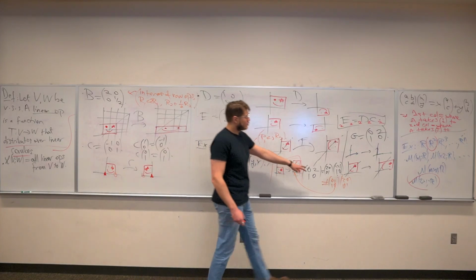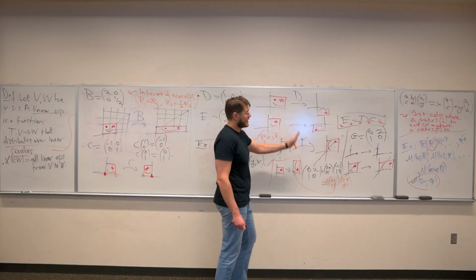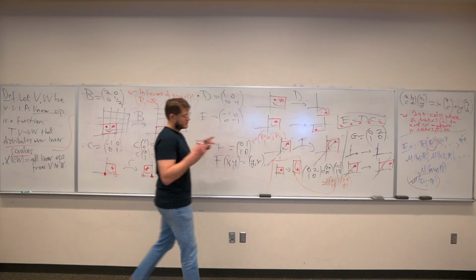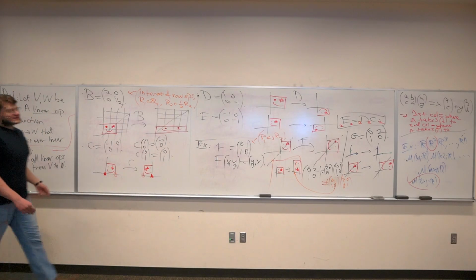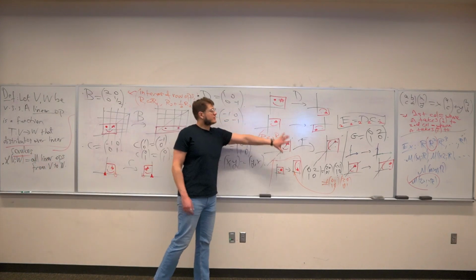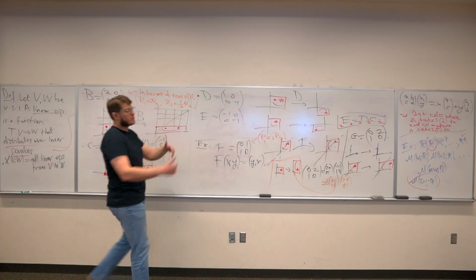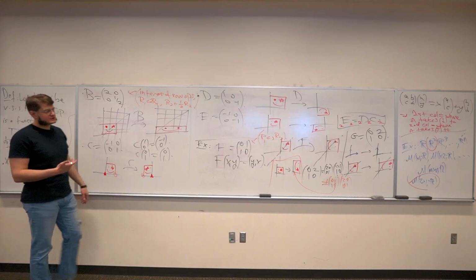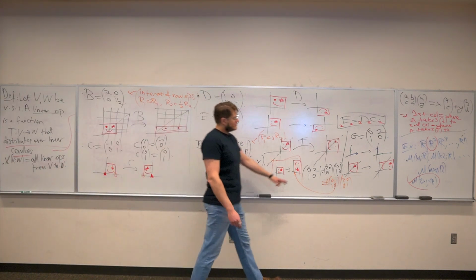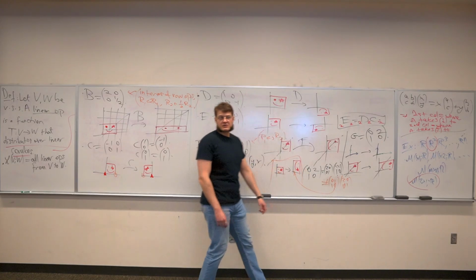If this is kind of confusing to you, don't worry. I still haven't defined matrix multiplication, but once we define it, it's going to be compatible with what we're talking about. What you should think of is that we have all of these transformations and we can composite a bunch of them to get a more complicated one, and that composition of functions is going to correspond to matrix multiplication.